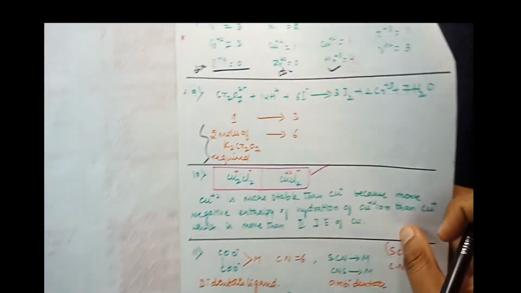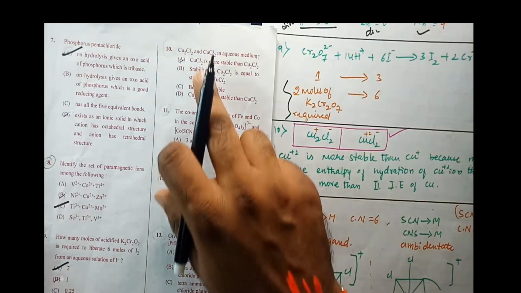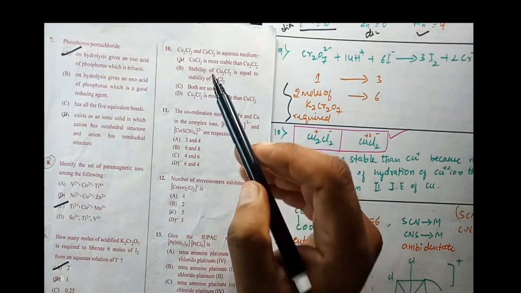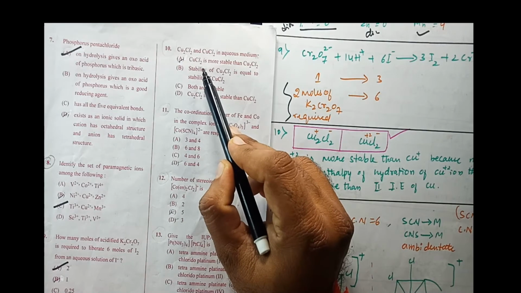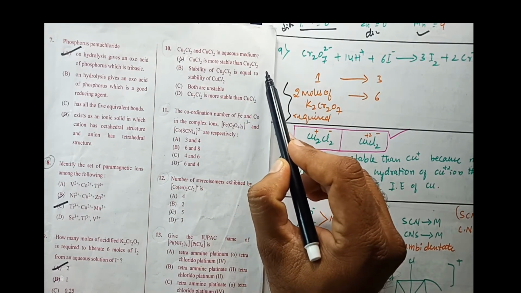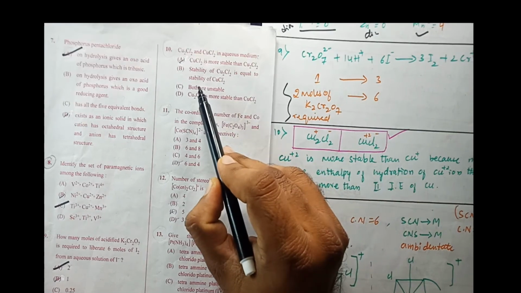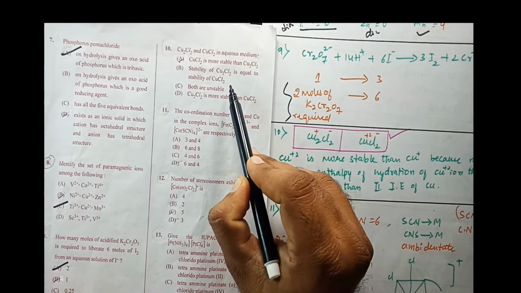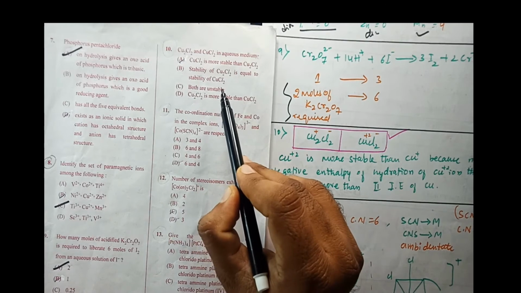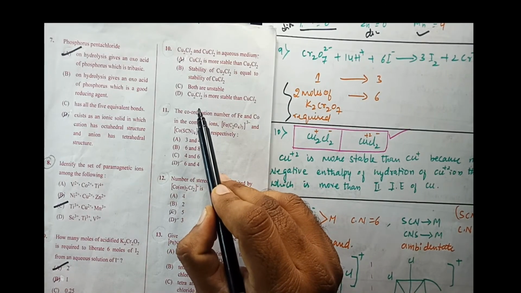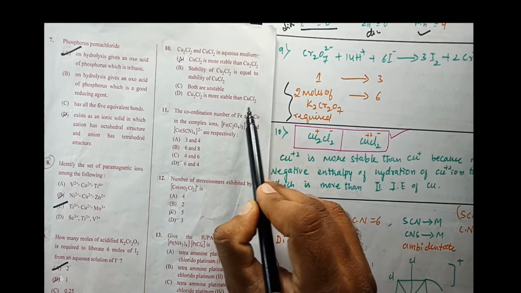So let's move on to the 10th question. Cu2Cl2 and CuCl2 in aqueous solution: CuCl2 is more stable than Cu2Cl2. Second option is stability of Cu2Cl2 is equal to stability of CuCl2. Third option, both are stable. Fourth option, Cu2Cl2 is more stable than CuCl2.